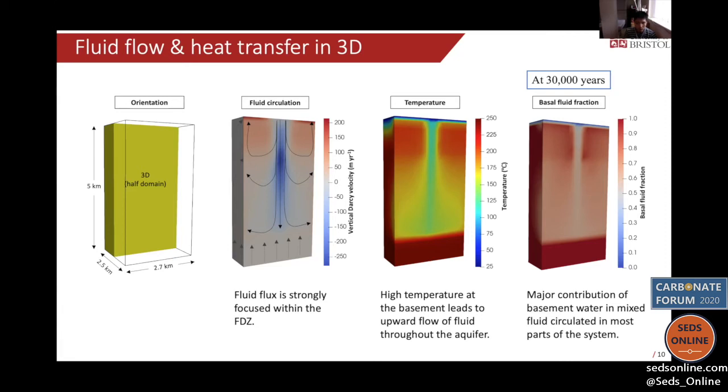Seawater is drawn into the FDZ, resulting in cooling that extends to considerable depth and laterally into the surrounding matrix. Most fluid flow occurs within the FDZ, but comprises a mixture of seawater supplying the magnesium for dolomitization and a significant component of basement water, which maintains temperatures that are kinetically favorable for dolomitization.